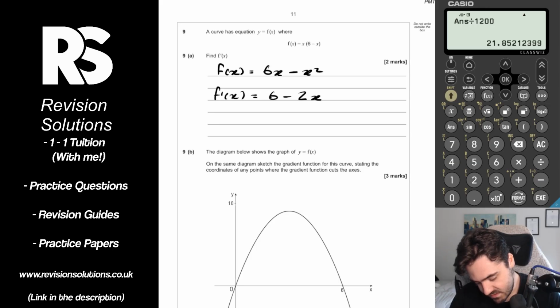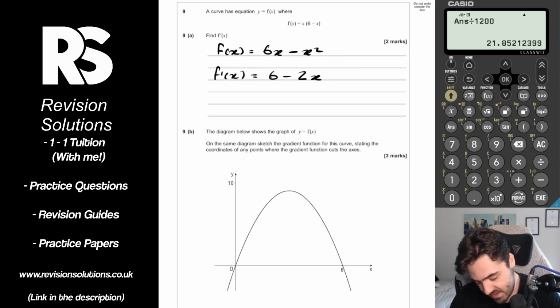Then part B says the diagram below shows the graph of f of x. On the same diagram, sketch the gradient function for this curve, stating the coordinates of any points where the gradient function cuts the axes. Well, it's going to cut the axes once in each, so it's just a straight line.